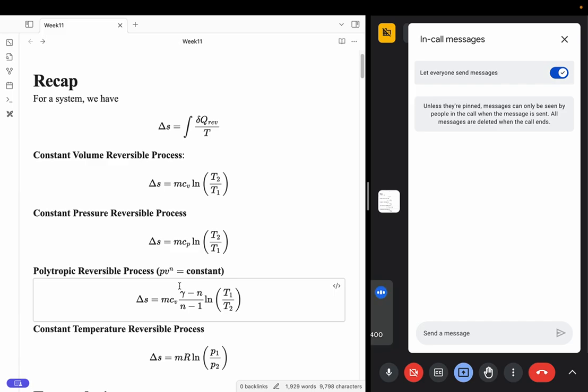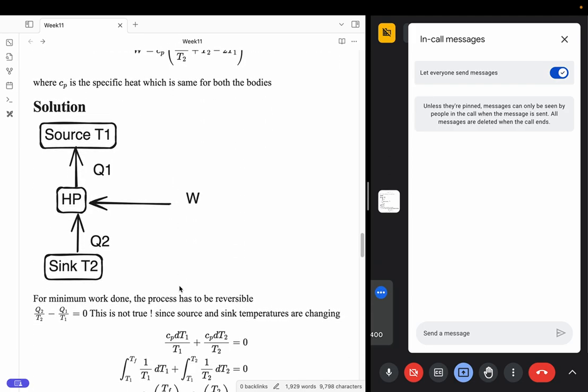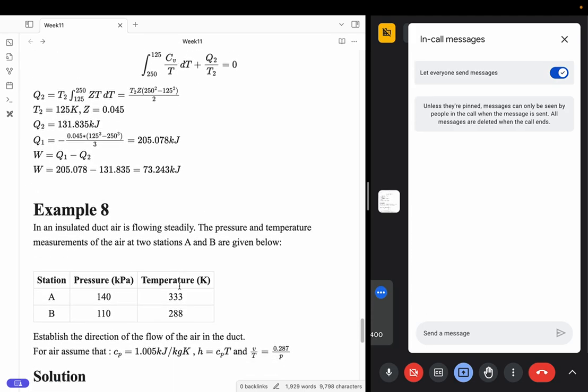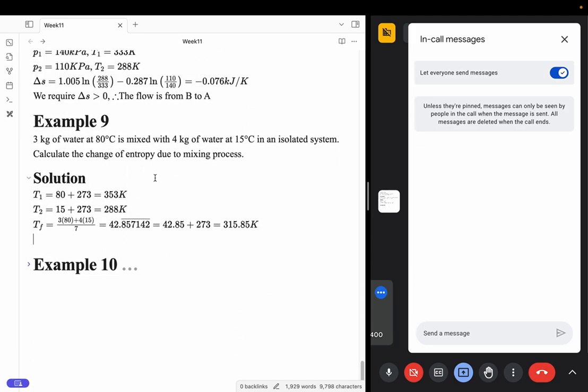When this mixing is happening for water, it's a constant pressure process. It is happening at atmospheric pressure, at some fixed pressure. So all you have to use is the constant pressure relation.